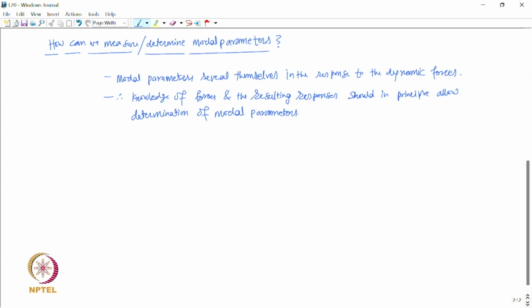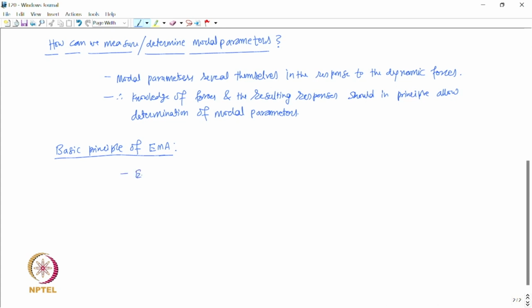So, what is the basic principle of EMA? The experimental analysis can be performed either in the frequency domain or in the time domain. Okay.